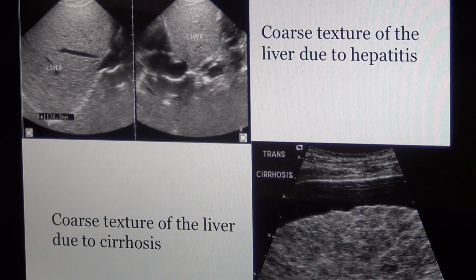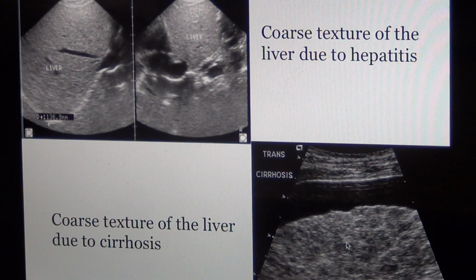Look at the liver, a little rough, and this is a cirrhotic patient. If you look carefully, this is a regenerative nodule, and the hardening and fibrotic liver, shrinking liver with ascites. Look at here, this is ascites. This is coarseness of the liver. Liver is coarse. This is also an indication of cirrhosis.